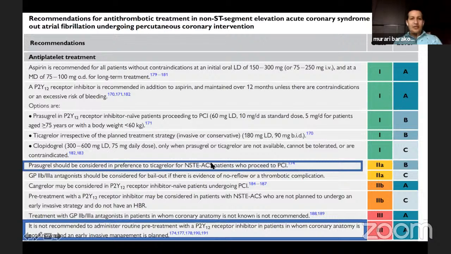The next best is of course ticagrelor, and after that is clopidogrel. And if we are going for invasive therapy, that is angiography and angioplasty, it is not required to have routine loading with this medicine. We can do it after angiography.